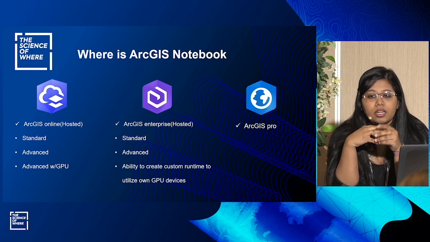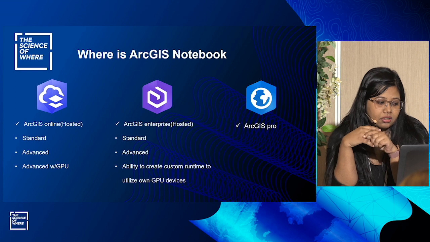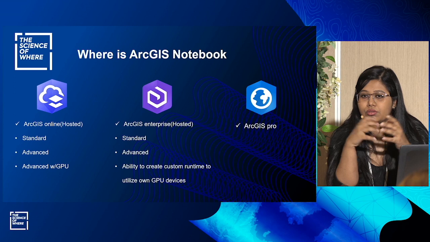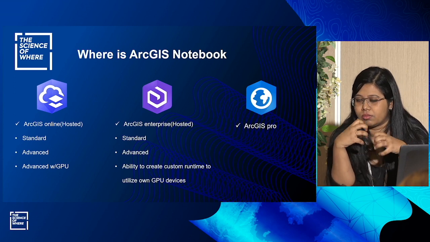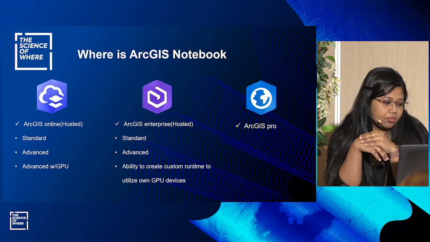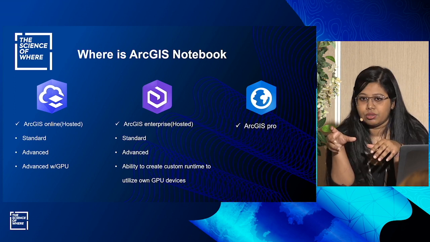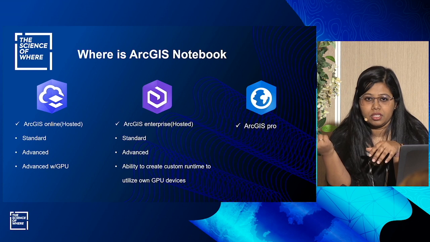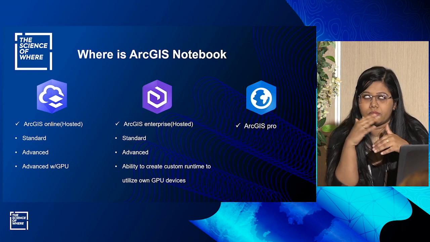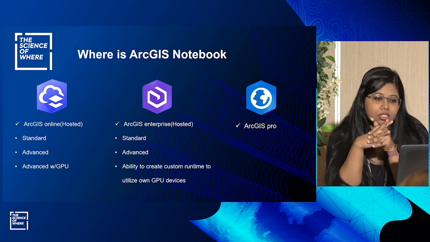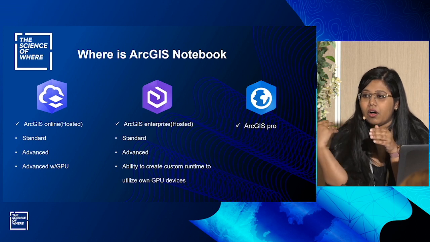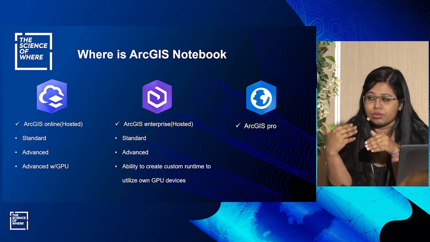And the third possibility is really useful for those who are planning to do some heavy computing, where a lot of power is needed. Then you can just choose this advanced GPU capacity. So then it will give you some scope to use this GPU or processing power on the online account, or you can also do it with your portal.